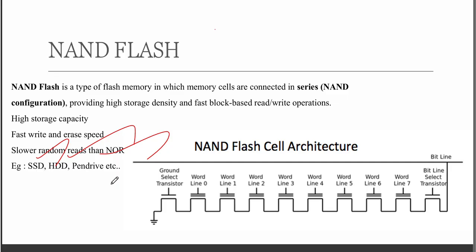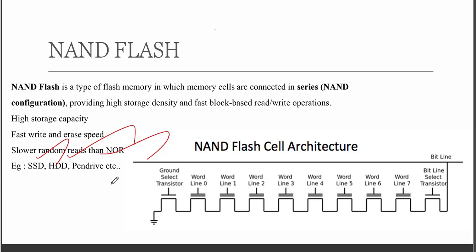So these three types of memories are used for write and erase operations at high speed, right? If I want to delete images inside the SSD, the delete operation should be performed very efficiently, right? If I want to store a photo inside the SSD, the data should be stored at faster speed, right? So to do this, NAND architectures are used to design SSDs, HDDs, pen drives, etc.